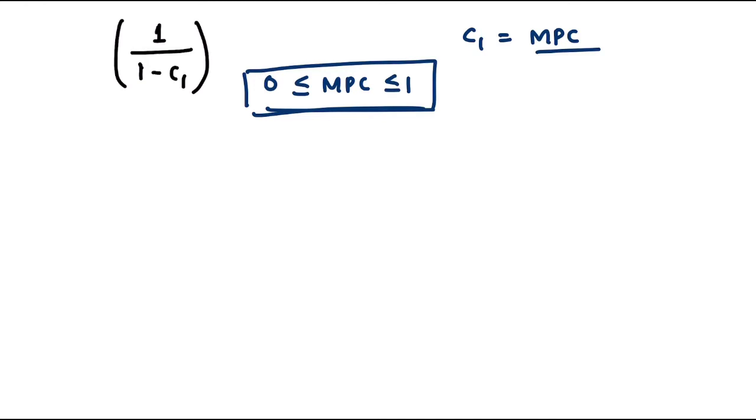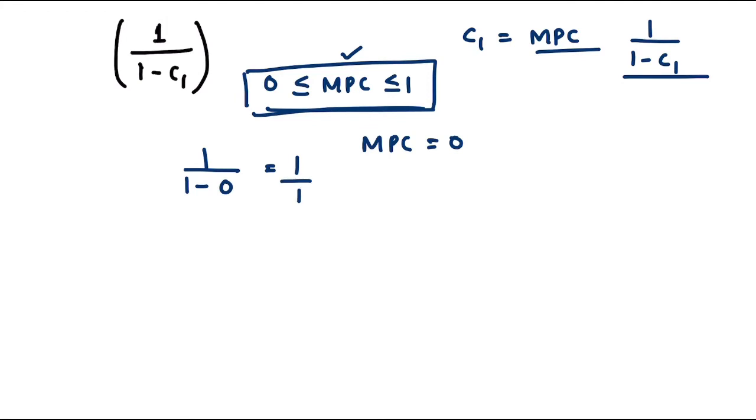And let's see how we can determine the multiplier based on the value of MPC, because a multiplier really is the reciprocal of 1 minus C1. So first, let's take an extreme case where MPC is 0. When MPC is 0, your multiplier is 1.